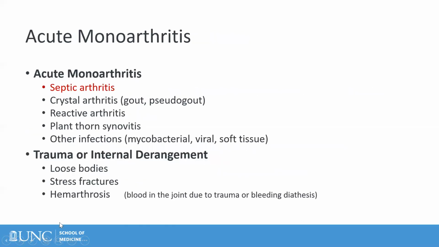So let's move on and talk a little bit about some particular patterns of joint pain. First, we're going to talk about an acute monoarthritis. And acute monoarthritis is really septic until proven otherwise.